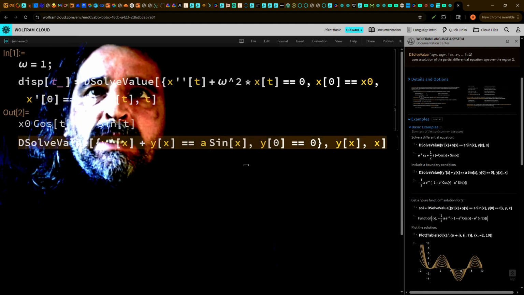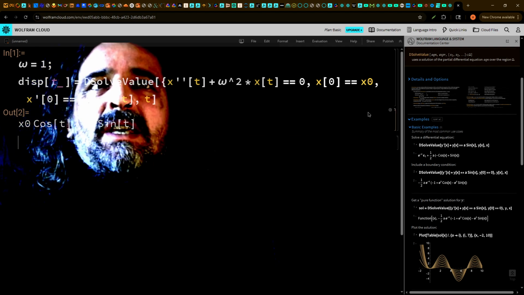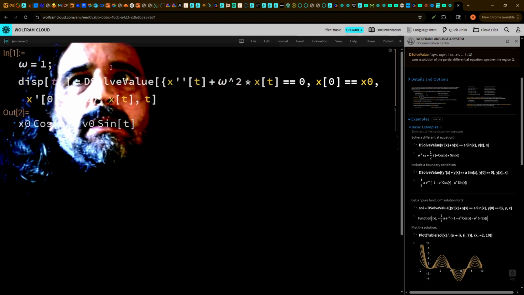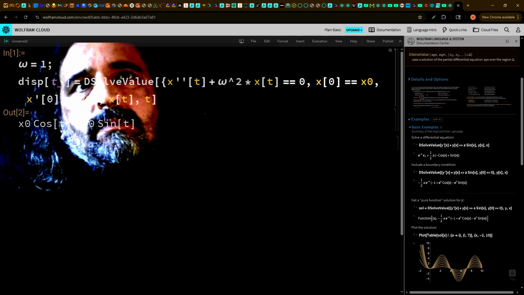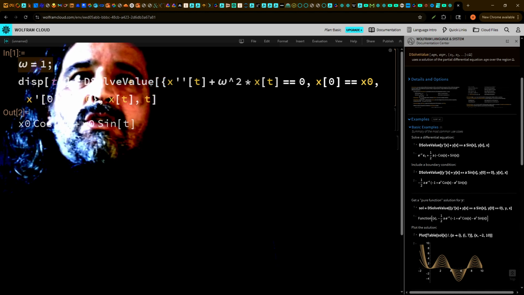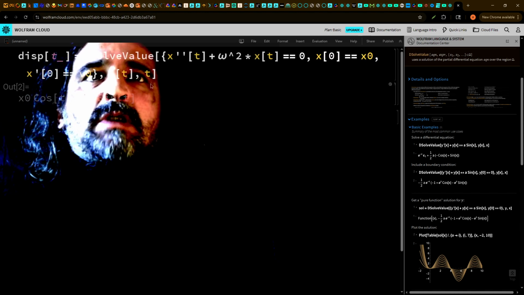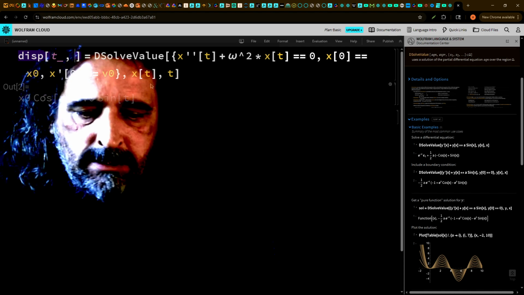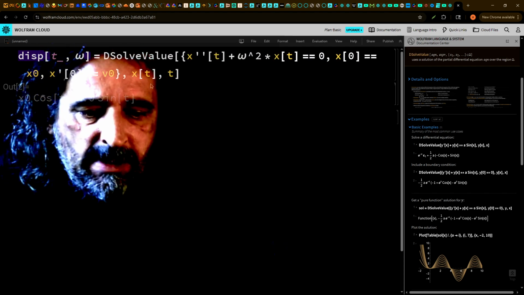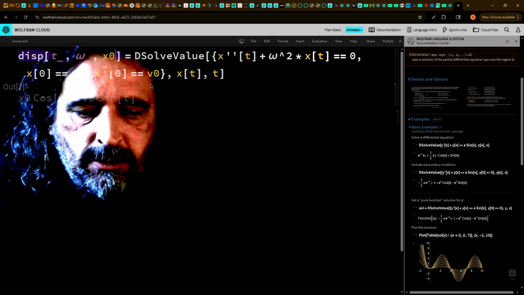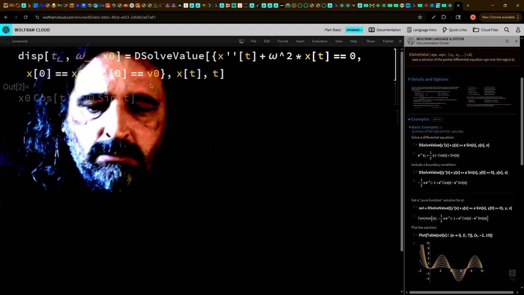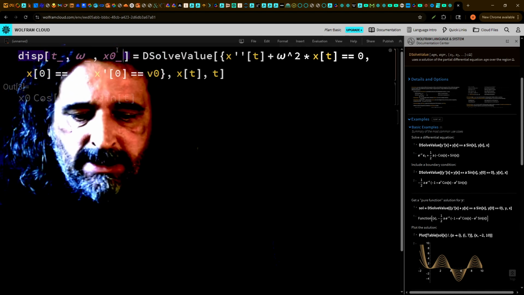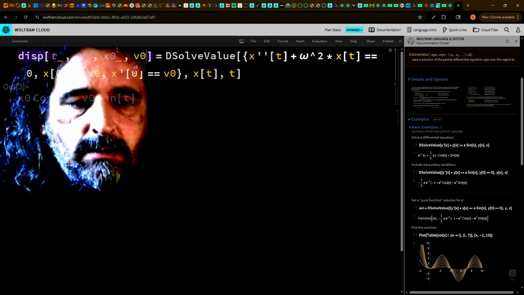So now we have also to maybe put x naught and b naught and stuff like that. In fact, we can change omega and just keep it like this, and maybe even put it as a function of omega, omega with underscore, a function of x naught with underscore, and a function of b naught with underscore.